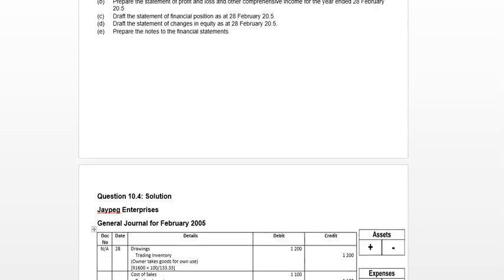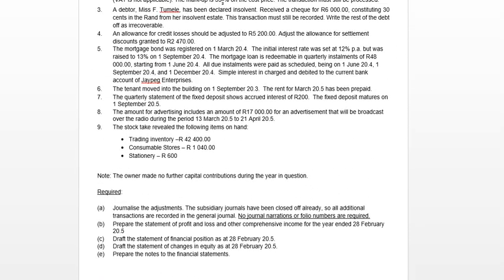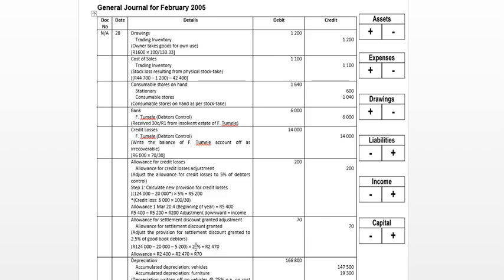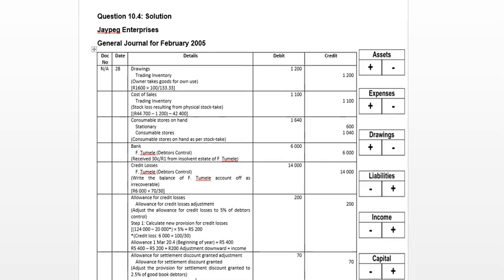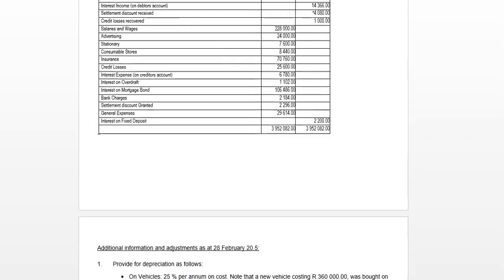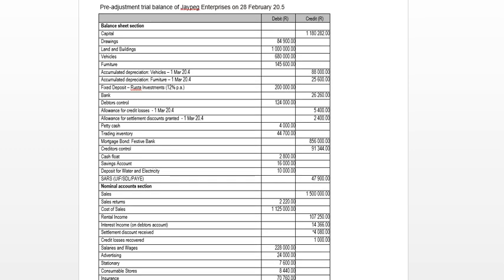Okay. And then the final account is we did a stock take at the end of the year, and we found that our trading inventory was 42,400 Rand. So let's look at that trading inventory. Our balance in terms of trading inventory, according to our books, is 44,700 Rand.